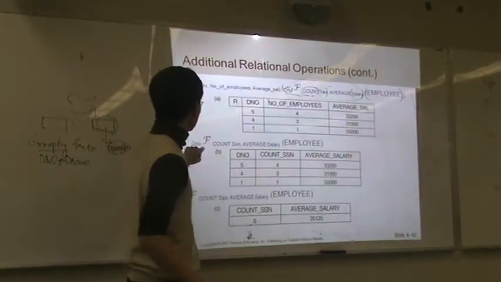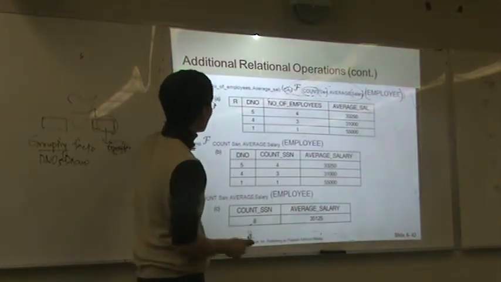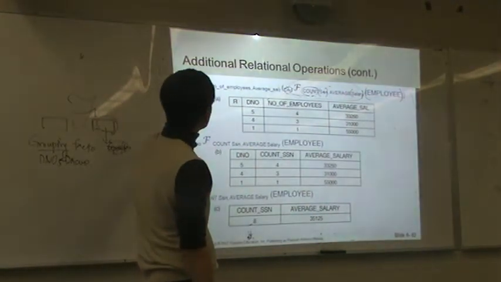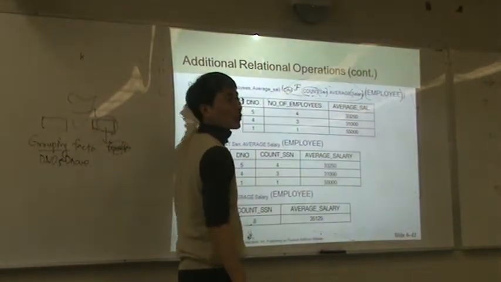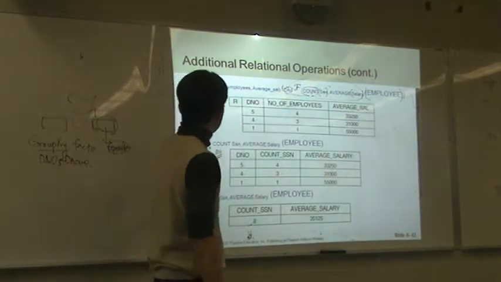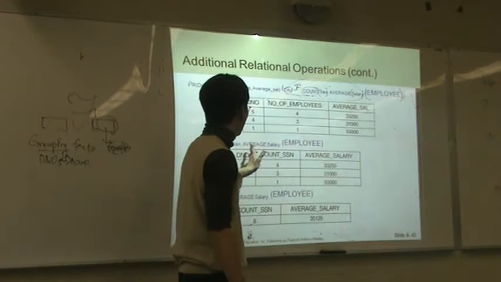What about this? In this case, what is the difference between this one and this one? It's exactly the same, but it has a rename operation. Otherwise, it will be just DNO, count and average.